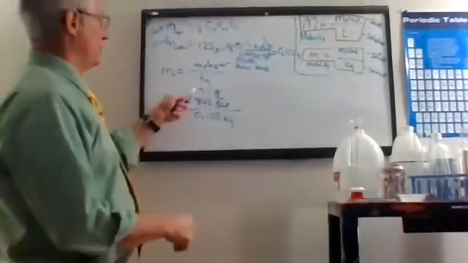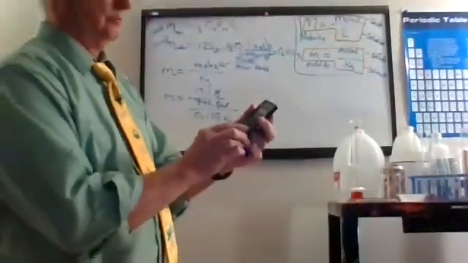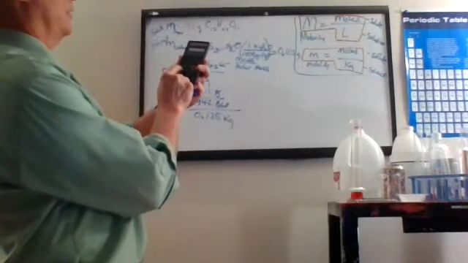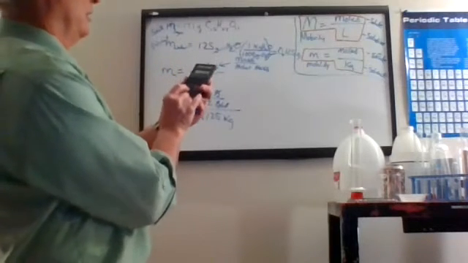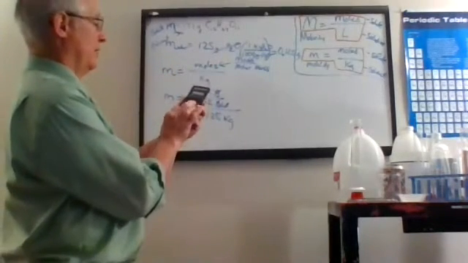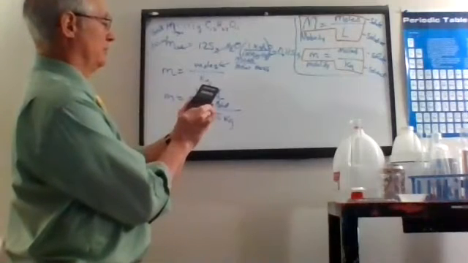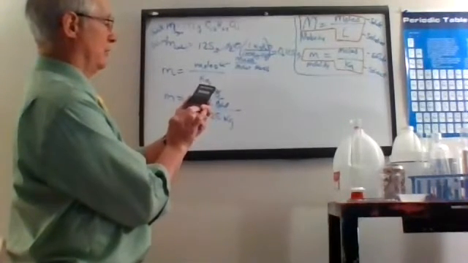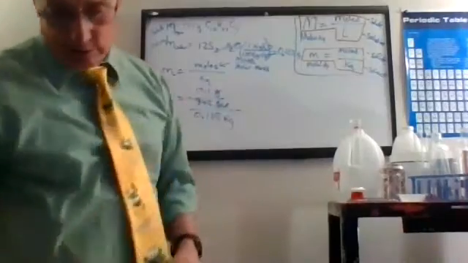Anyway, let's go ahead and do the division. 17.1 divided by 342, further divided by 0.125. 0.4.